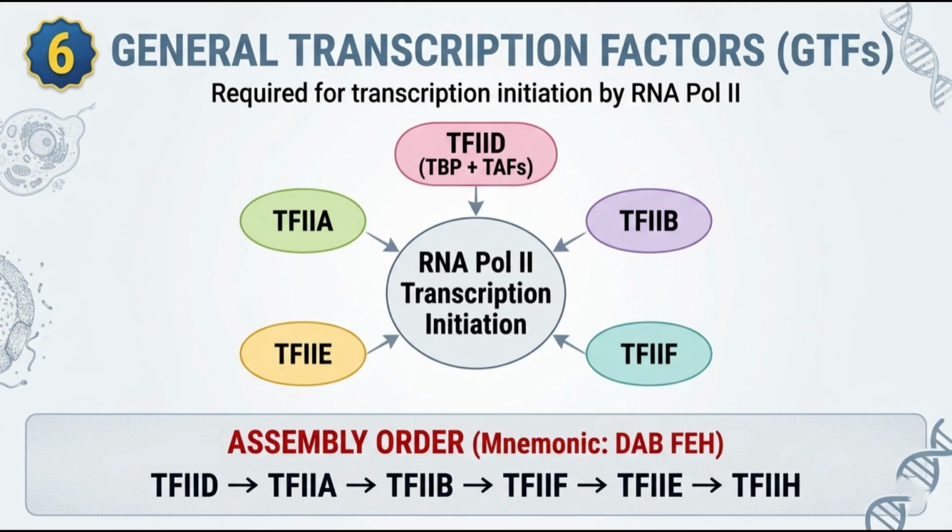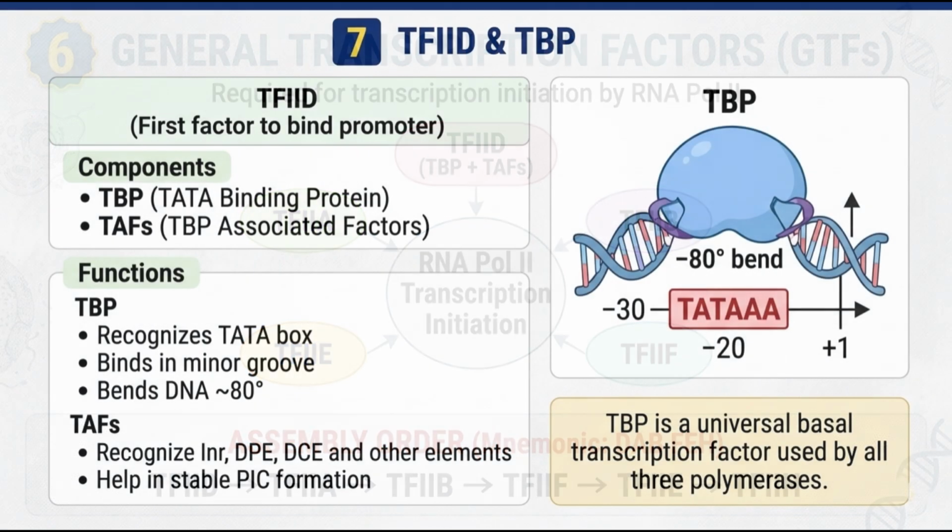These factors assemble sequentially on the promoter before transcription begins. A useful mnemonic for remembering their order is DABFEH. These factors collectively recruit RNA polymerase II, stabilize promoter interactions, open DNA, and initiate RNA synthesis.